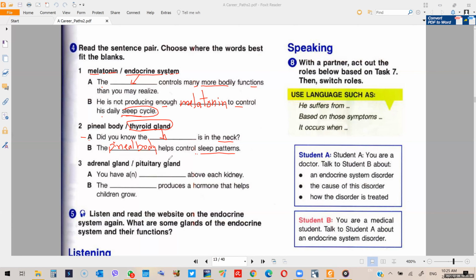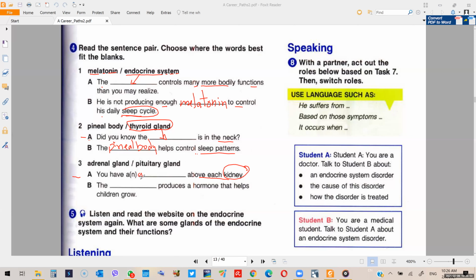Number 3, adrenal gland and pituitary gland. Number A, you have the blank above each kidney. So if we are talking about the kidneys, that means the adrenal gland.